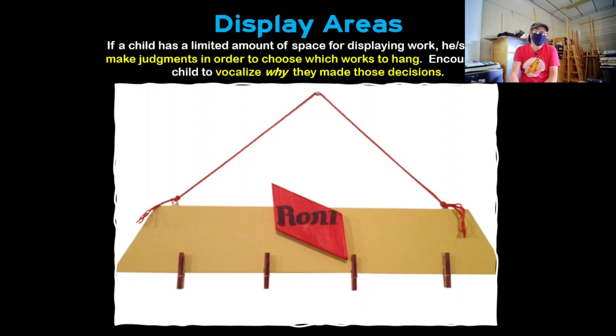But in the case of this little thing right here, they've only got 4 spots where they can put something up. So that child needs to spend some time picking out what they think are the 4 strongest pieces, and encourage them to tell you why. Why are you picking these?